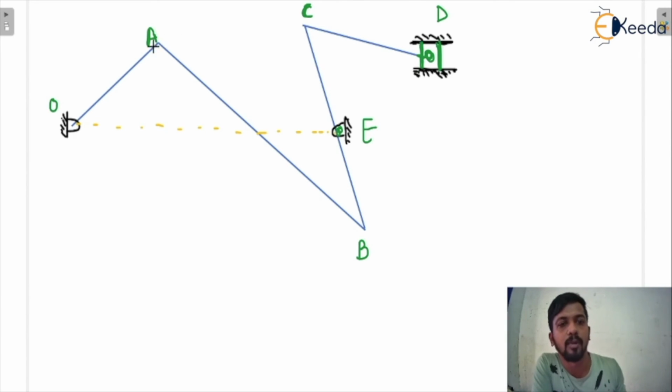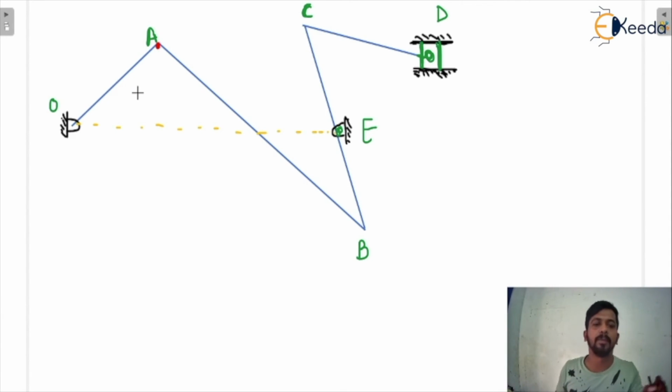Now if I want to talk about the velocity at point A, you all know that if the link OA is rotating in the clockwise direction, the velocity would always be perpendicular to the link. You know very well, because there is no relative motion between O and A along the link. So there is only one motion possible, that is perpendicular to the link.